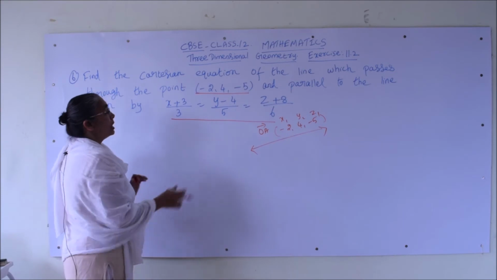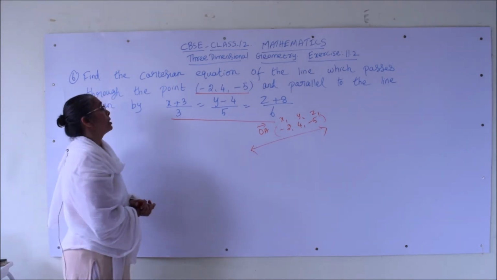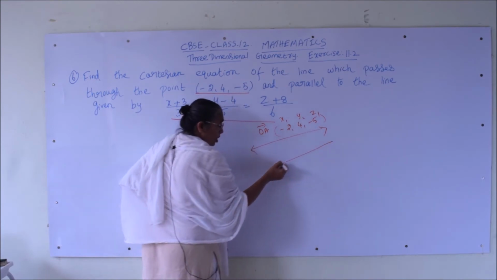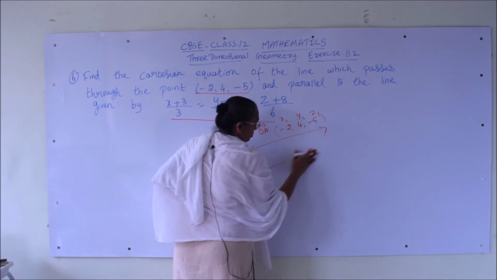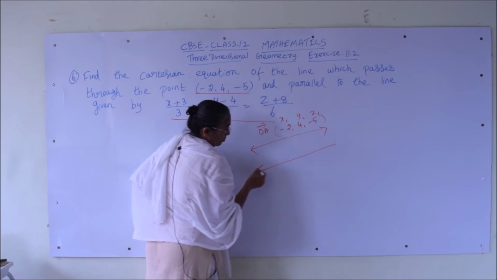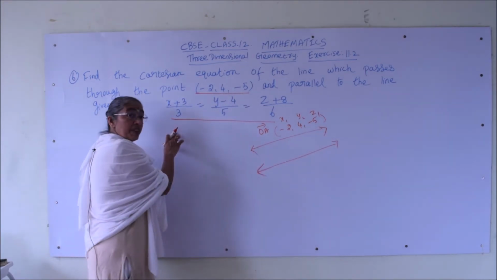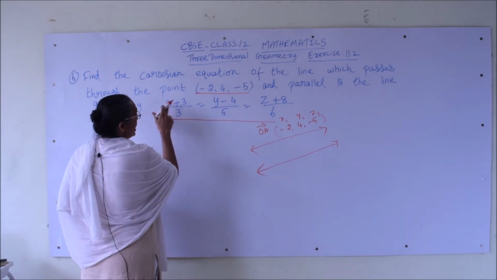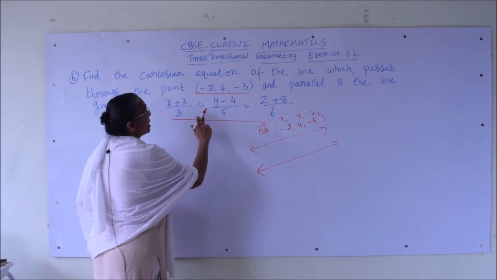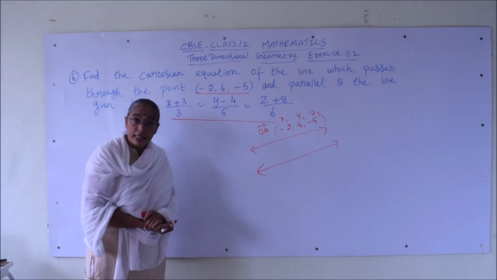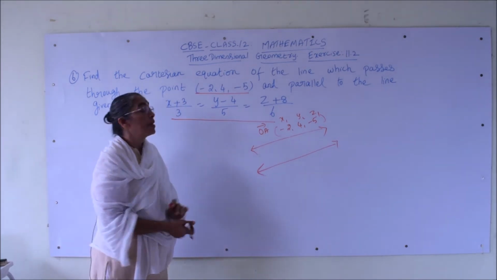Now, this particular line is parallel to another line. How is that line given? That line equation is given in the form x plus 3 by 3 equals y minus 4 by 5 equals z plus 8 by 6, which is the Cartesian form.